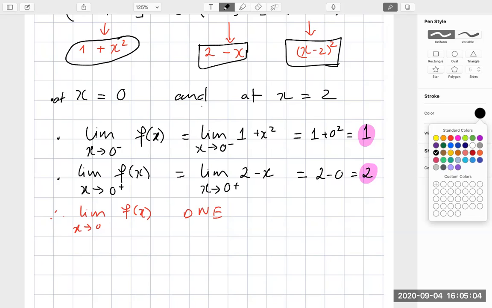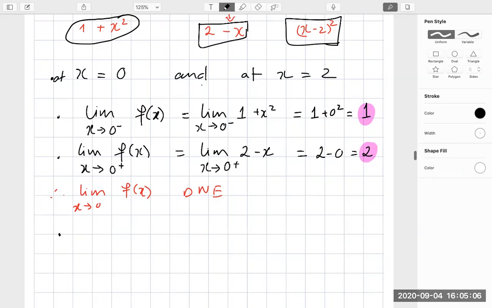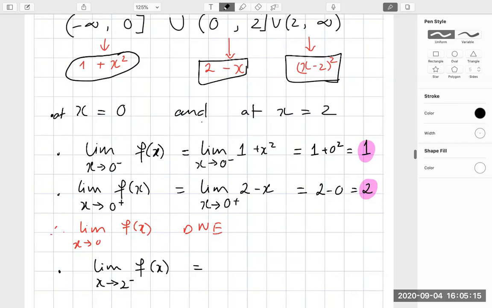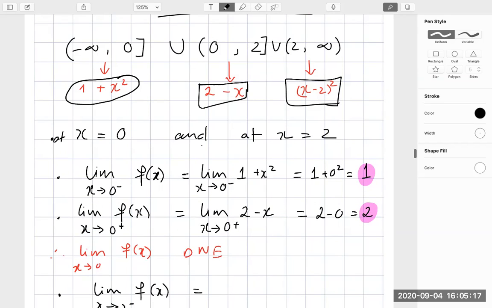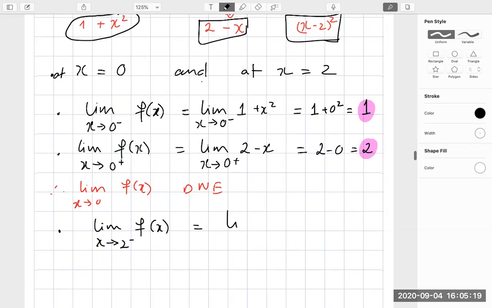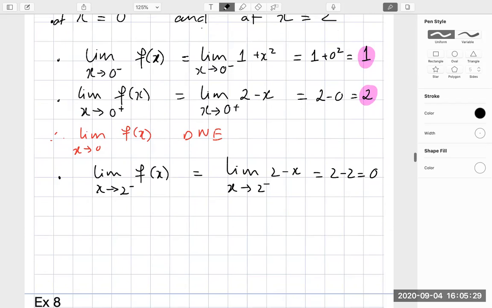Okay, at the second point, we do the similar thing. When x approaches 2 from the left side, it should follow this range, which is 2 minus 2, and it is 0.